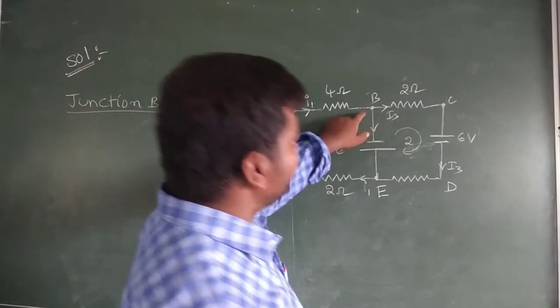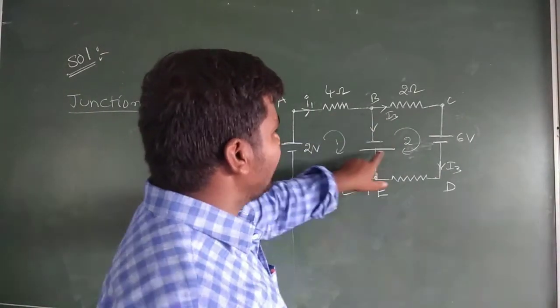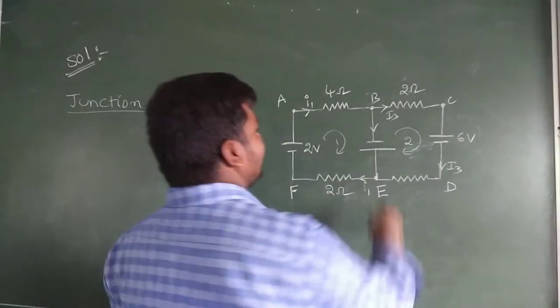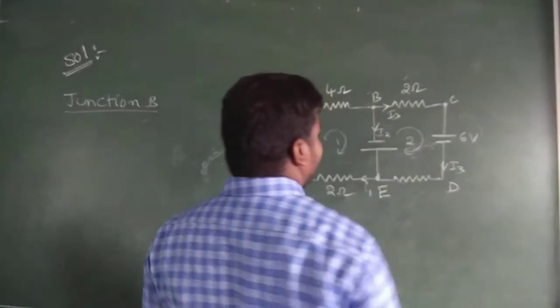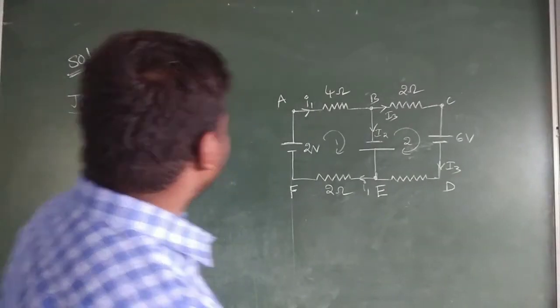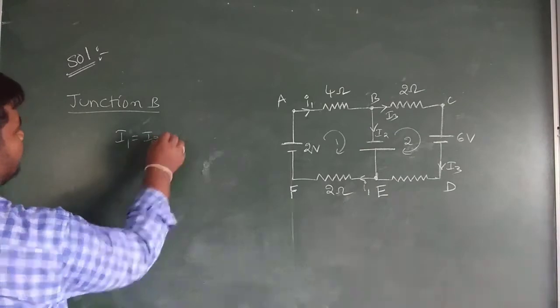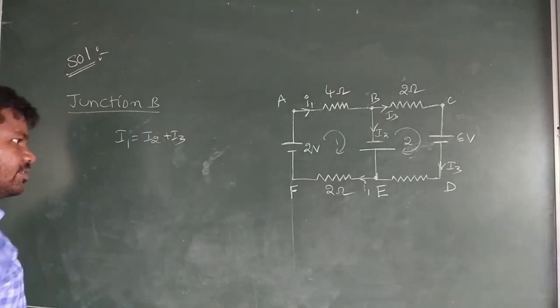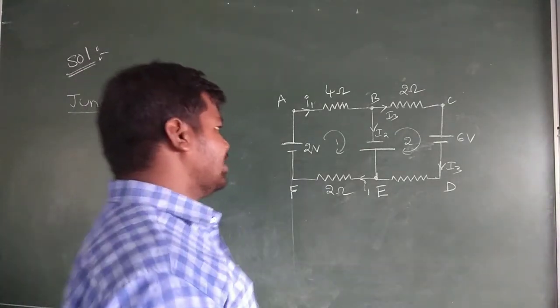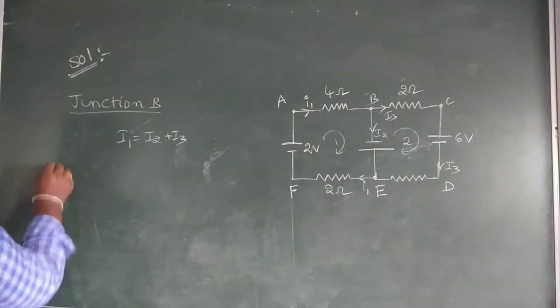Here I1 enters junction B, and I3 and I2 leave the junction. So from the junction rule, we can write I1 is equal to I2 plus I3.